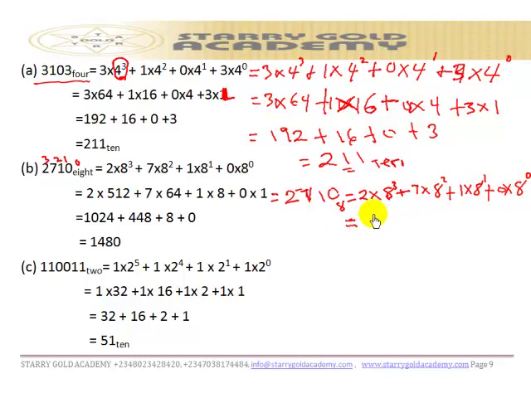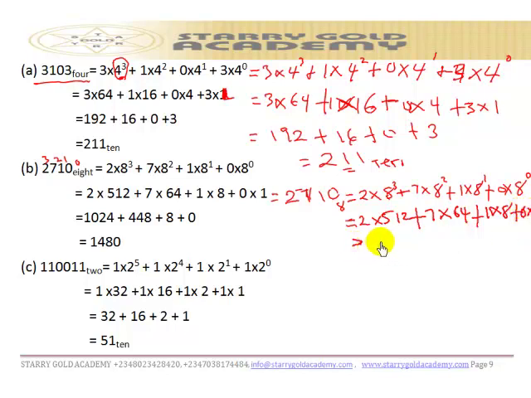8 raised to power 3 is 512. That's 8 times 8 times 8. 8 times 8 is 64. 64 times 8 is 512. So you have 2 times 512 plus 7 times 64. That's 8 times 8. Plus 8 raised to power 1 is still 8, 1 times 8, plus 8 raised to power 0 is 1, 0 times 1.